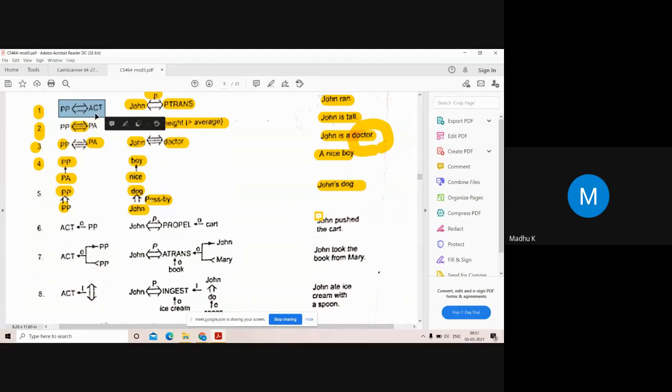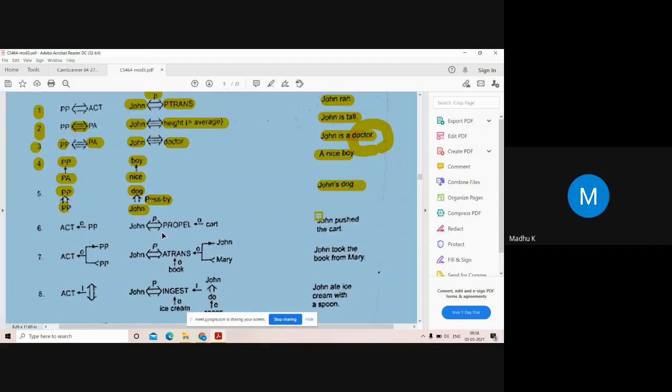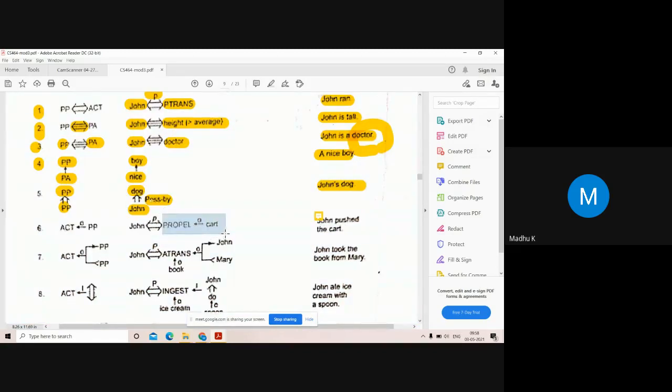Rule 1 is applied: PP double arrow act. Here PP is John. Then what is the act? For representing the act, we will use this rule.